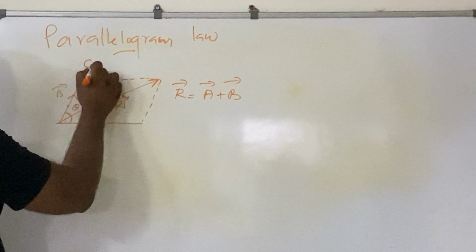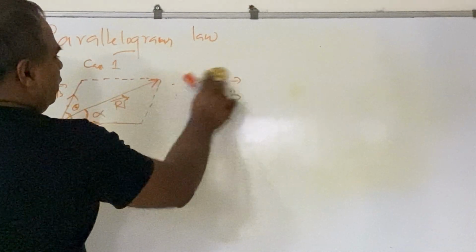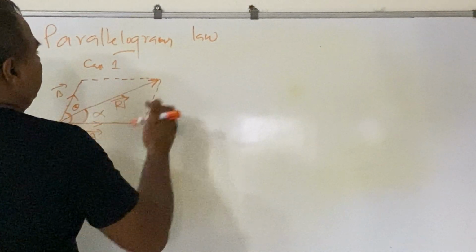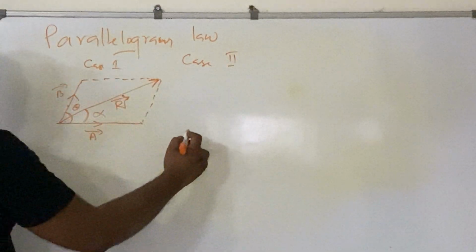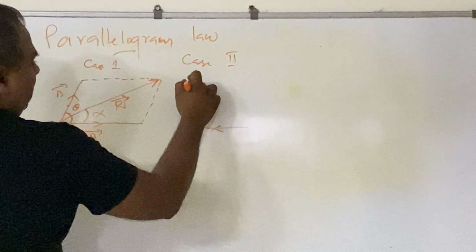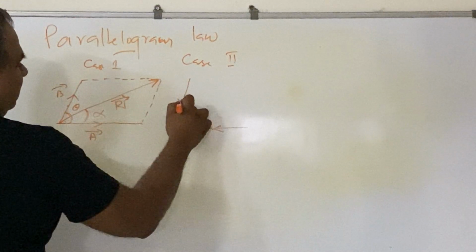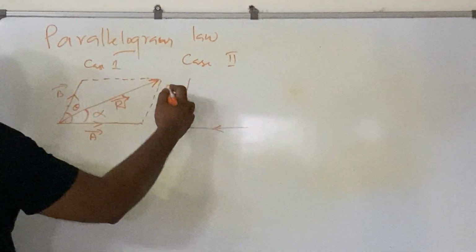This is case 1. Now, if it is case 2, I am taking like this. They are not in order, which means one vector is like this and another vector is like this. So this is clockwise, they are in reverse order.